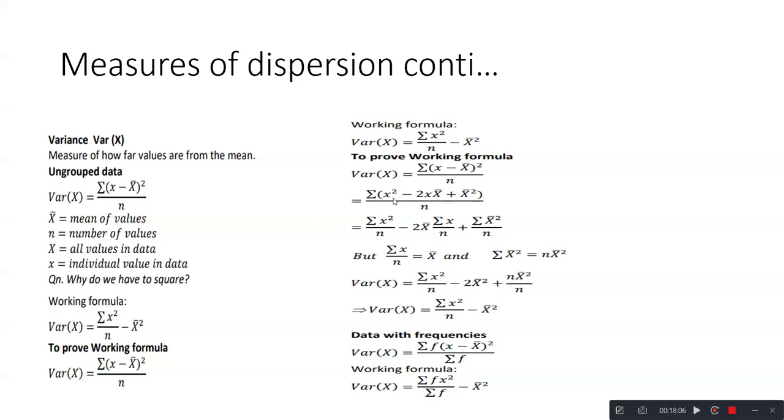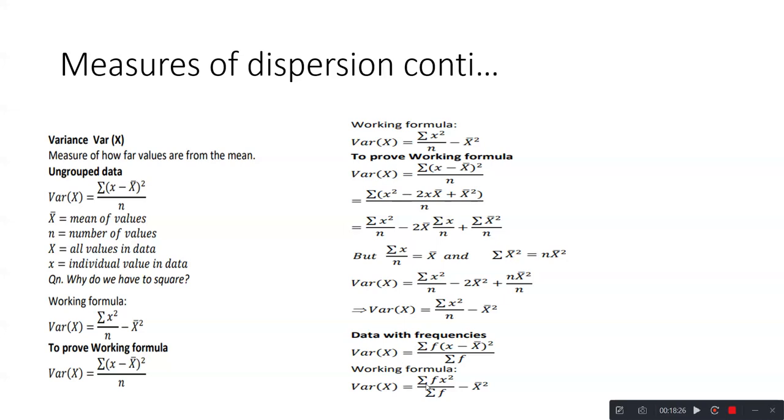So this proof, no one is going to ask you to prove, but we have put it here for you to understand. So the formula that you're going to use for variance is the sum of f times x minus mean, everything squared, divided by the sum of f.